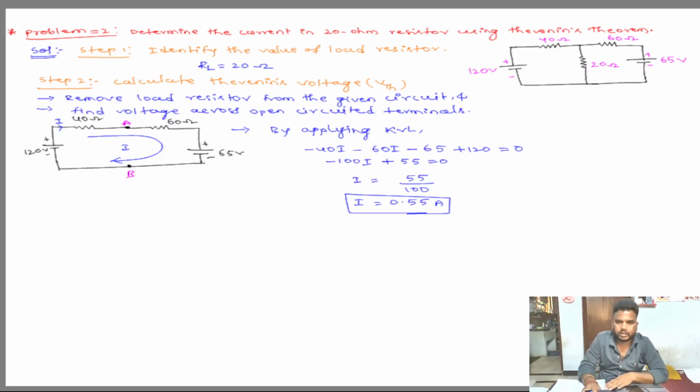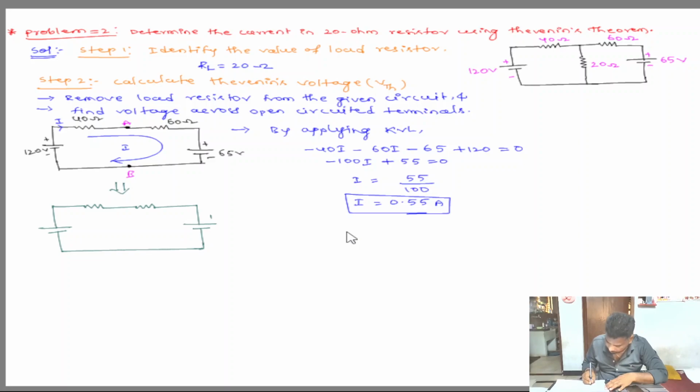For that, draw this circuit again to calculate VTH, after finding the total current. This is 65 volts, 60 ohms, 40 ohms, and 120 volts.